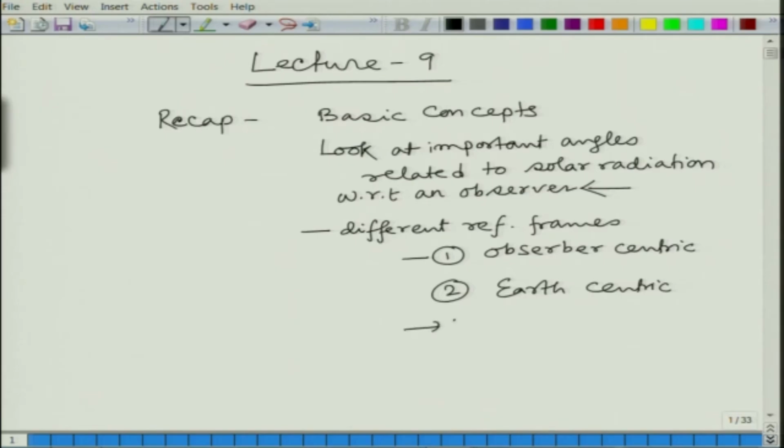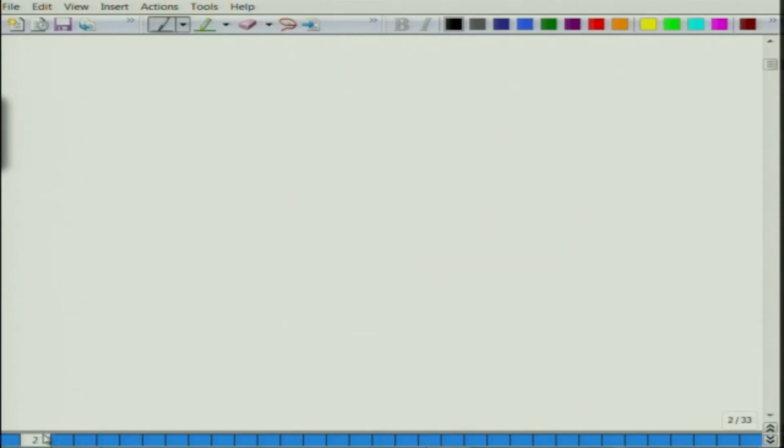How they are interrelated, that also we are looking at. So far, there are two major bottlenecks that we observed where we stopped in the last lecture.